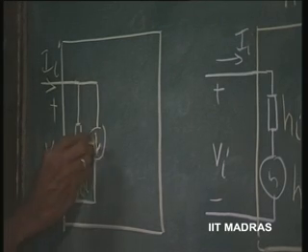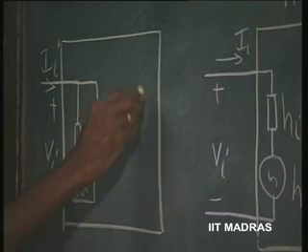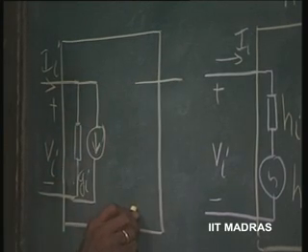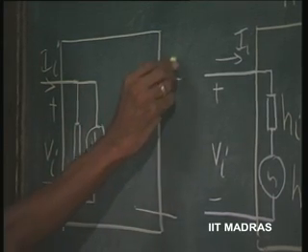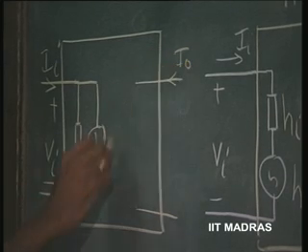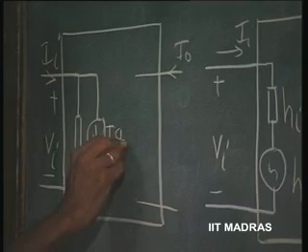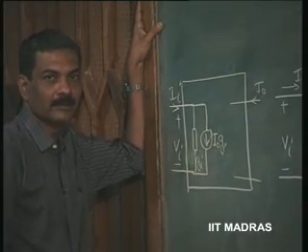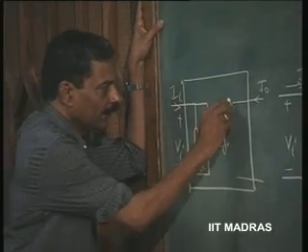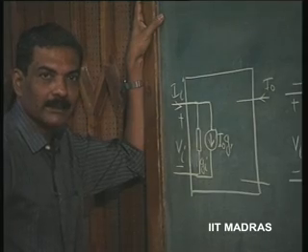with a current source which is dependent upon the output current here I naught. So, I naught times Gr, that is the current source. Then at the output we have things in series.